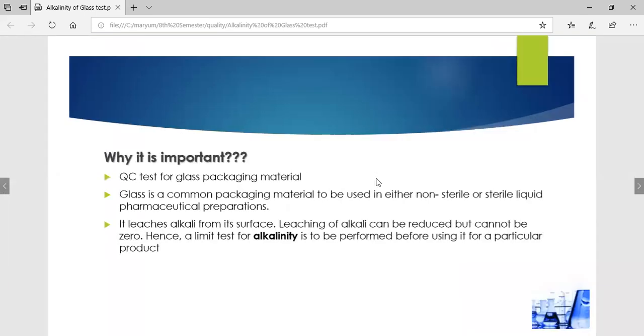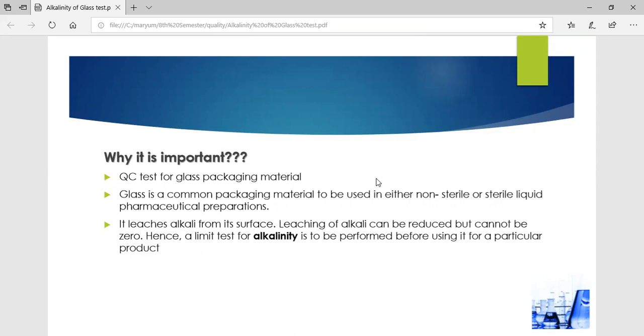So why is it important to study the alkalinity nature of the glass, and how can we protect a glass from leaching or its alkalinity property? What procedure and types of glass show different alkalinity property, we will study about this.